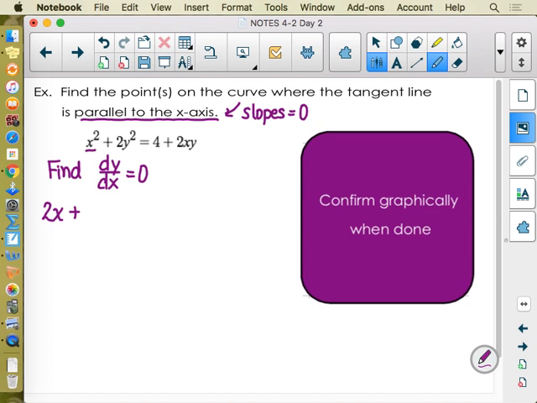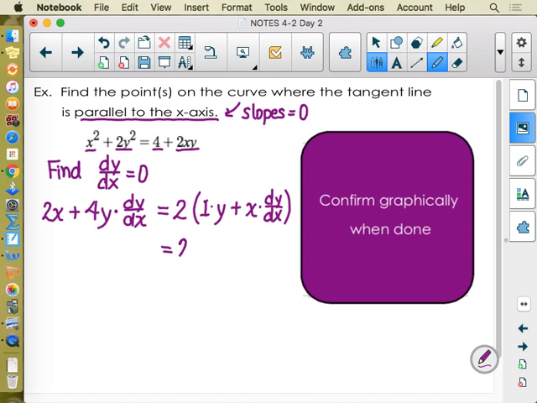So x squared's derivative, 2x. 2y squared's derivative, we need to think chain rule as a 4y to the first power times whatever y's derivative is. 4's derivative is 0. 2xy, we're going to use product rule, so we're going to be equal to twice the derivative that comes from xy, derivative of the first times the second, plus first function times derivative of the second. That one comes up often, so you'll probably get used to doing that.